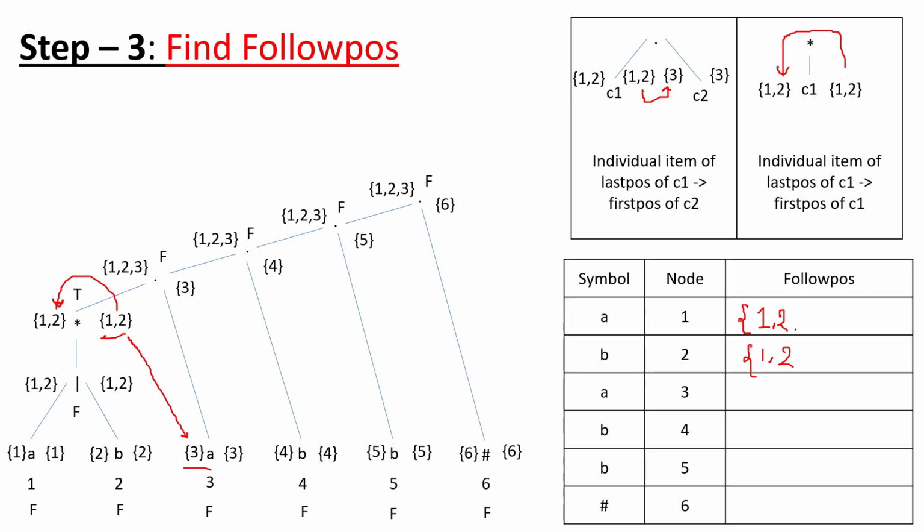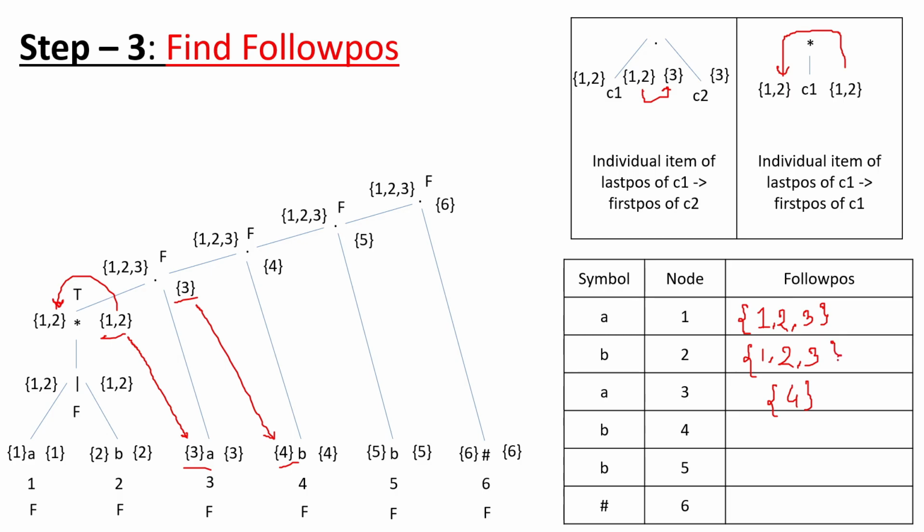So I'm just going to write 3 here for 1 and for 2. Now this multiplication, its child 1 is this one and child 2 is this one. Its last pass is 3 and its first pass is 4. 3 will have access to 4. So for 3 I'm just going to write 4 here, and I don't think any more will come, so I'm closing it.